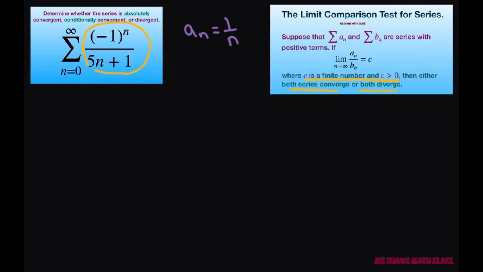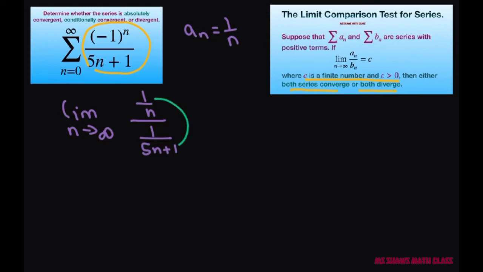All right. So let's do our limit comparison test. So that means we're going to write this as the limit as n approaches infinity of 1 divided by n divided by 1 divided by 5n plus 1.